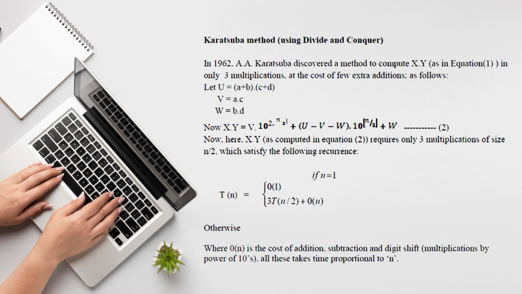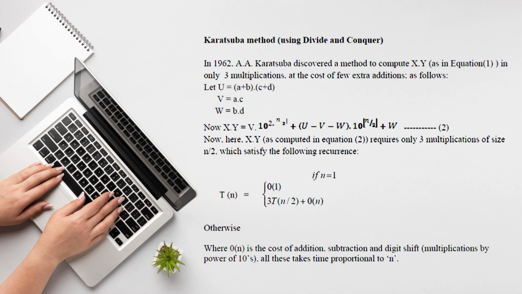So the recurrence equation becomes, instead of 4T(n/2), 3T(n/2). It's again one multiplication less, and if you solve it by the master method, it becomes n raised to power 1.59, as you can see in the complexity part.